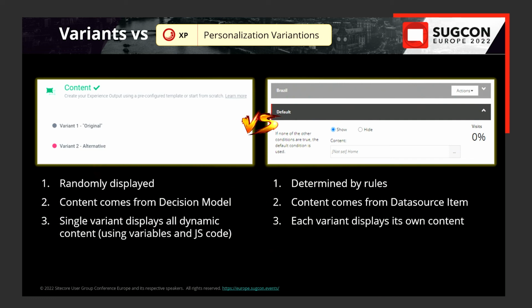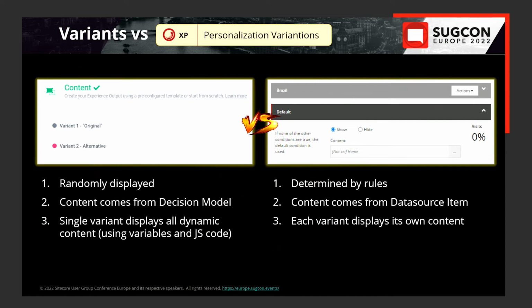Okay, and here is, I think, the thing that took more time for me to understand. Because with the XP mindset that I have, of course, you want to see each variant showing different content, right? But here it's different. The variant displays all the content using variables and JS code.